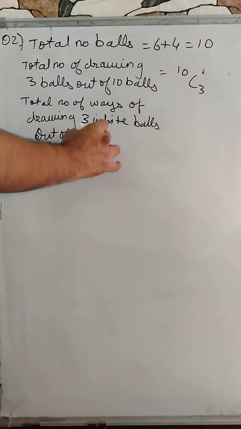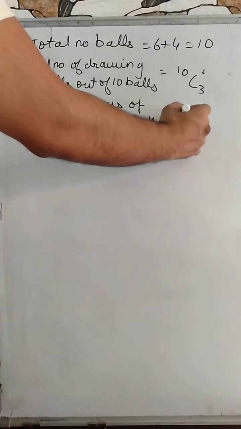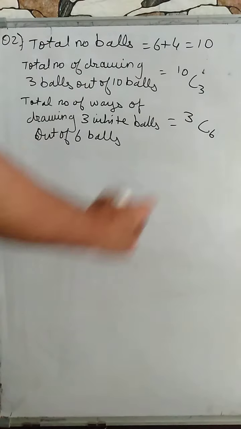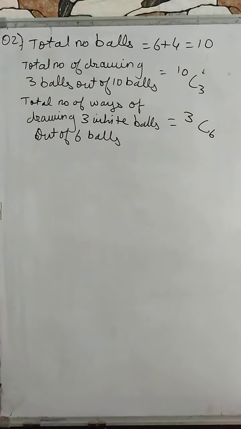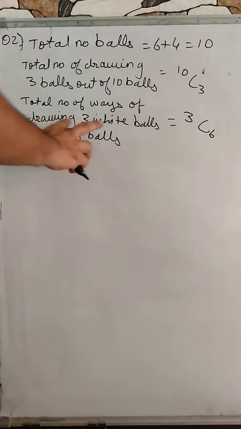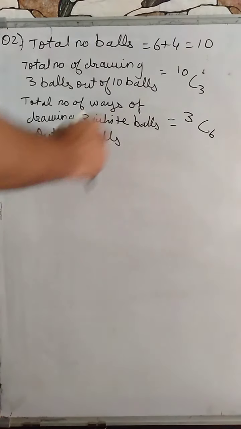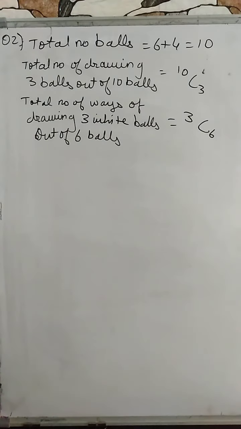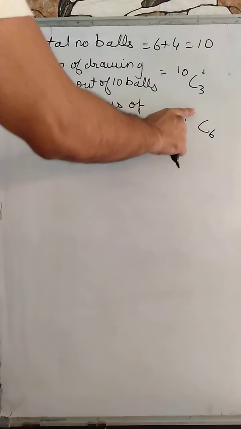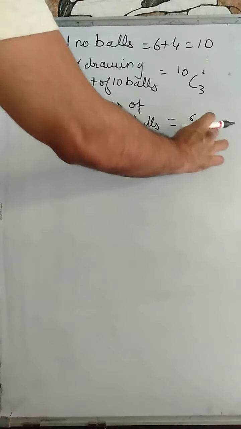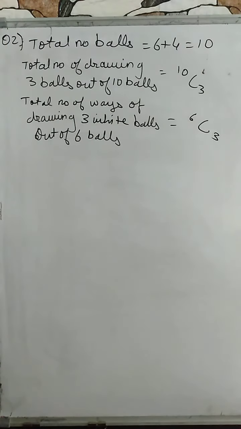So these 3 balls can be chosen in 6C3 ways. It is out of 6 that we are drawing 3 balls.